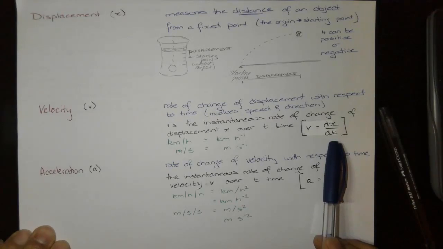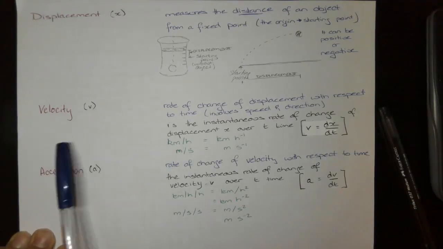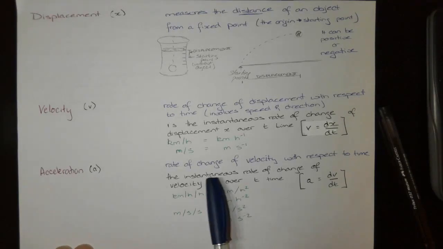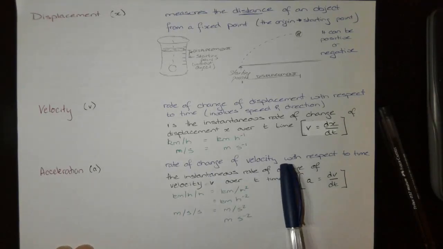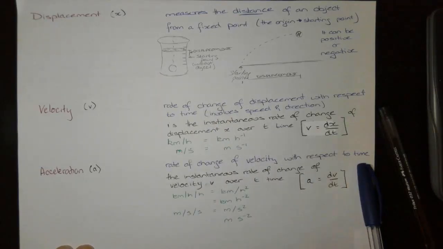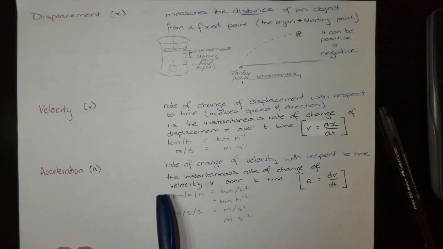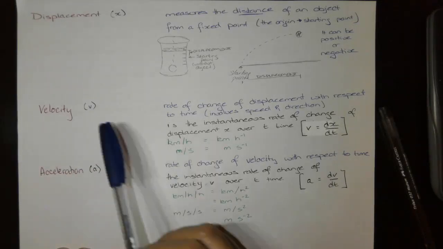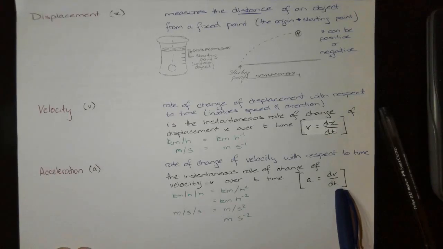Acceleration is normally represented by a. That's the rate of change of velocity with respect to time. So it's the instantaneous rate of change of velocity, and so a is dv over dt.